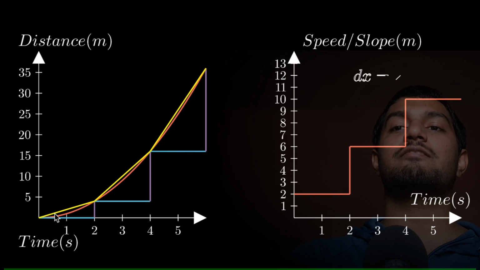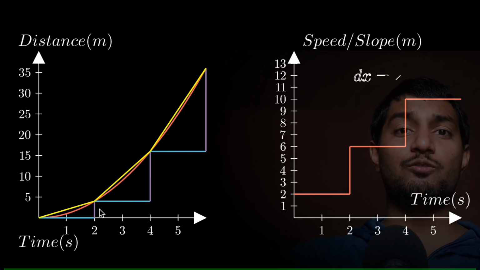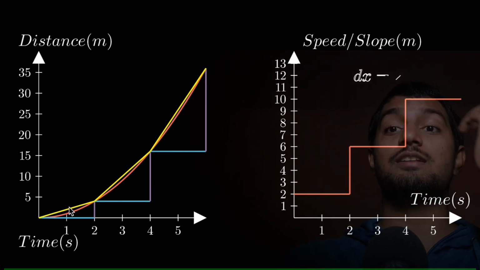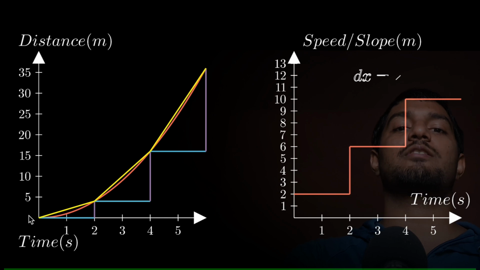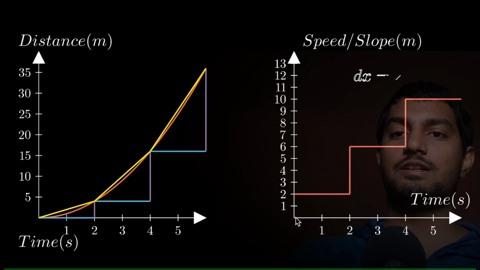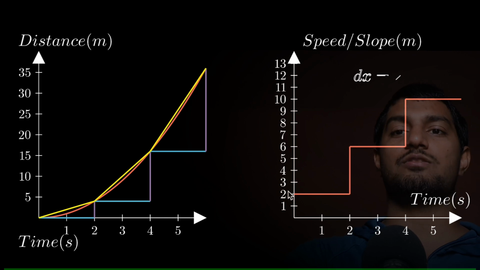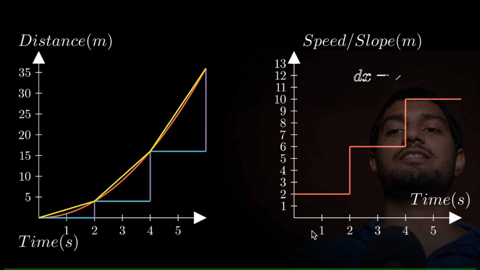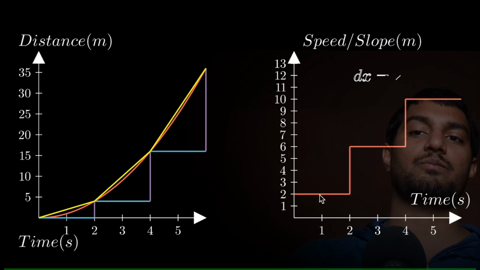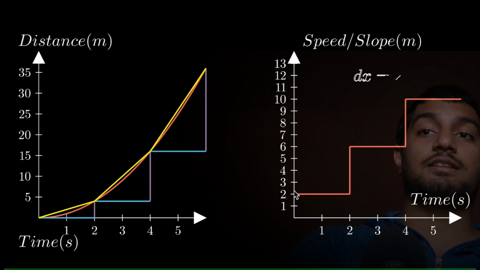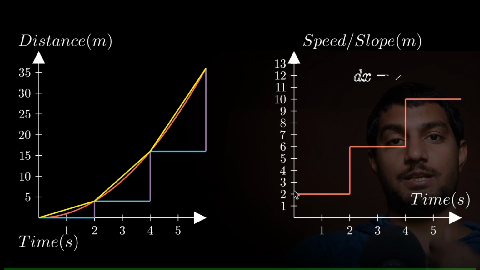The slope of this line would be rise over run, that is basically 4 upon 2, the answer will be 2. So we can say that from the time 0 to 2, the slope is a constant 2, right? And that I have drawn. So in this graph, you can easily find that at 1, the slope was 2. At 0, the speed was 2, or slope was 2, right?